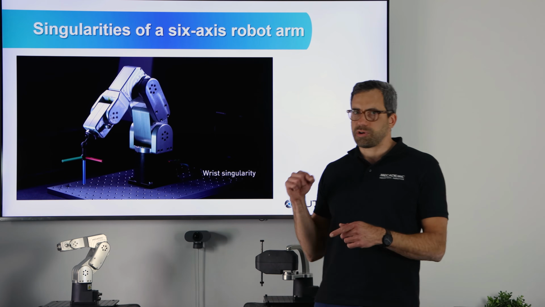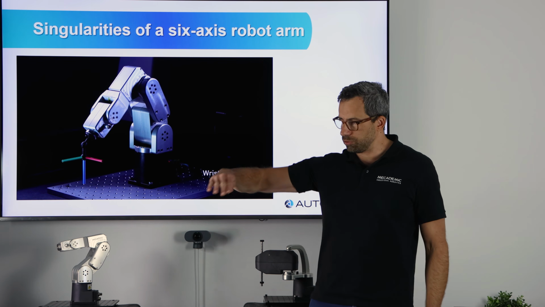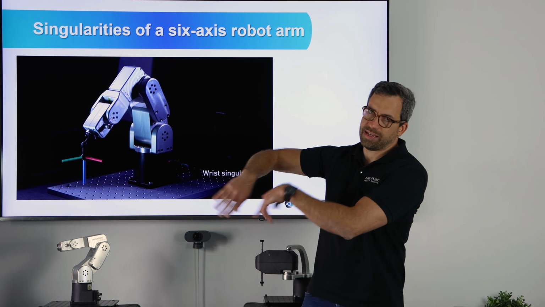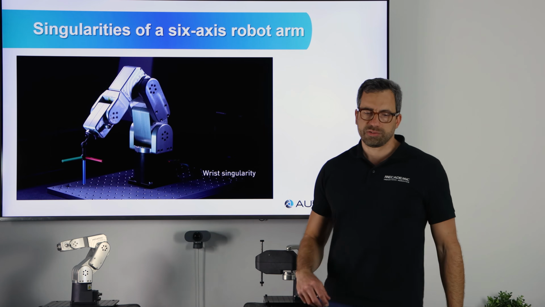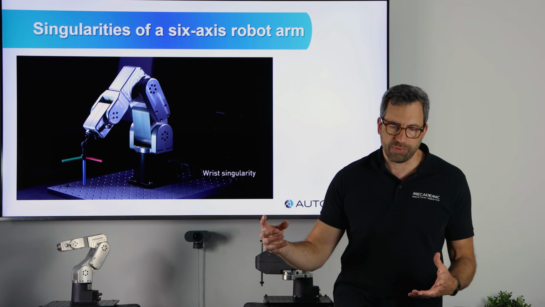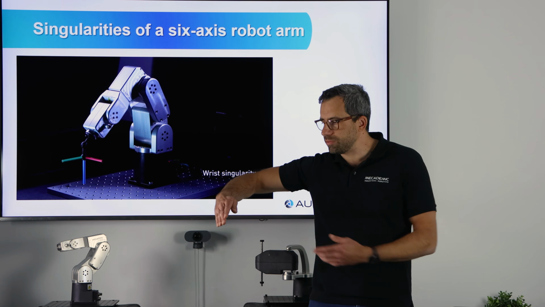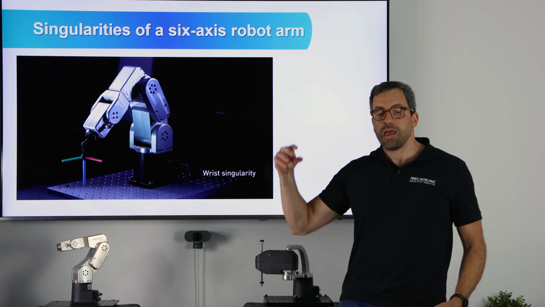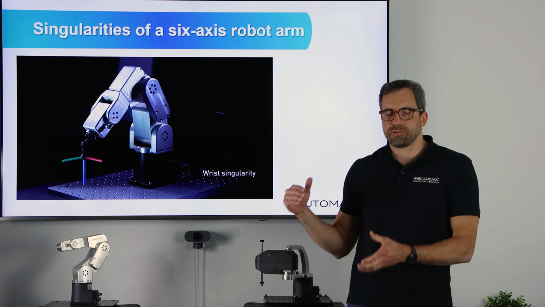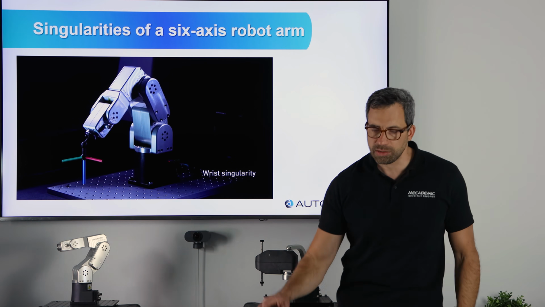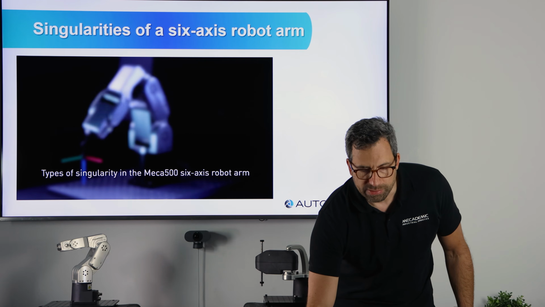So I ask the robot to follow a line with a constant speed, but it cannot, because to do this, joints 4 and 6 should rotate more than the maximum velocity of motors 4 and 6. So it cannot, and it will slow down so that it can rotate fast enough while keeping the linear path. So this is what happens when you pass close to a wrist singularity. Then, well, let's watch it again.